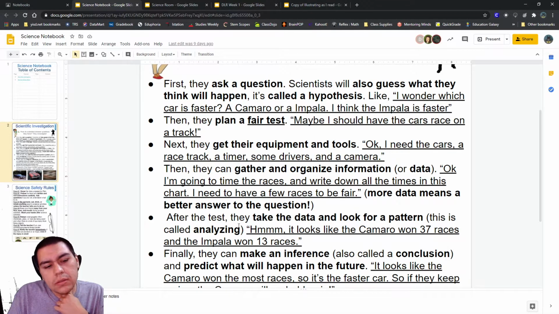Kaylee? Camaro. So the Camaro's winning more of the races, right? So if we look and see, okay, the Camaro's usually winning. So which car's probably the faster car? Messiah, which car would probably be the faster one?